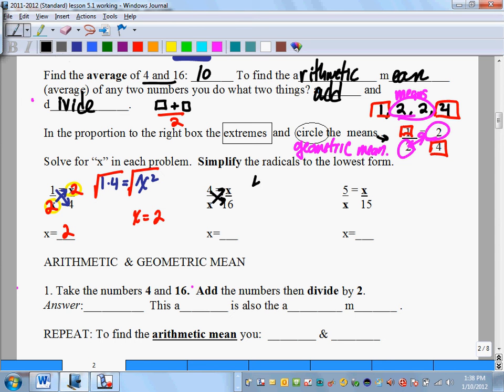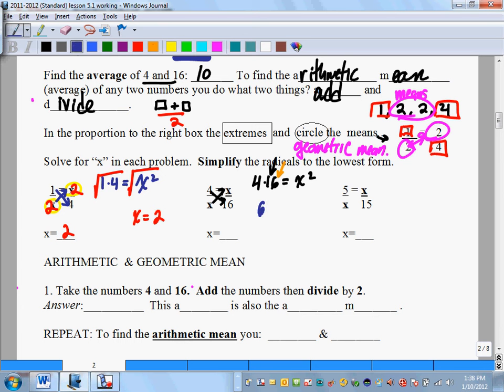All right, let's try this. Cross multiply. So we have 4 times 16. Without a calculator, 4 times 10 is 40. 4 times 6 is 24. 40 plus 24 is 64.